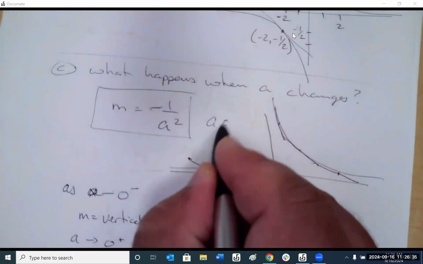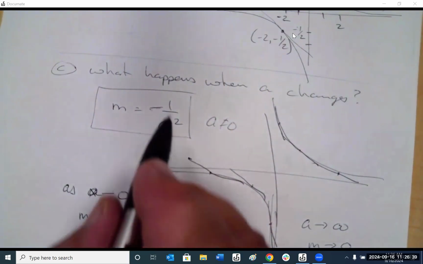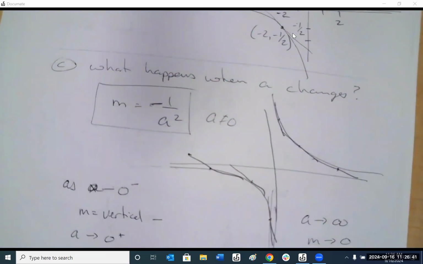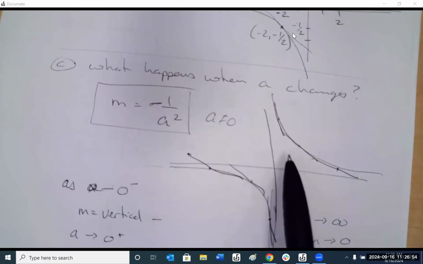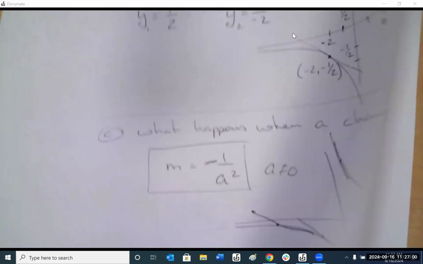A cannot be 0. You can never get to 0 because that's an asymptote. So because of this, the slope is negative at all points. So as we move to the right, it goes from 0 slope to an undefined slope, and then it starts from undefined and goes to 0, depending on which direction you're going. So that's the first part.